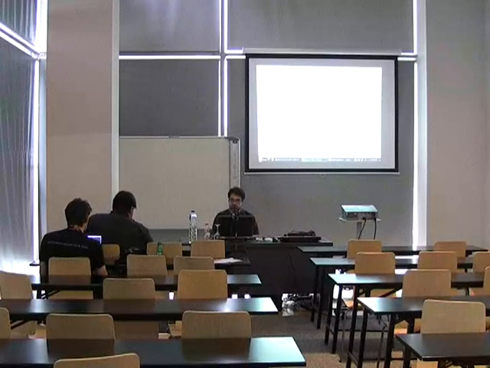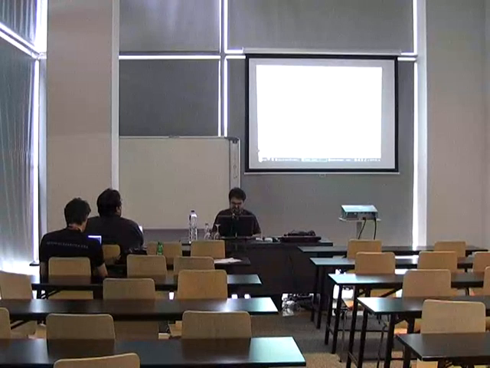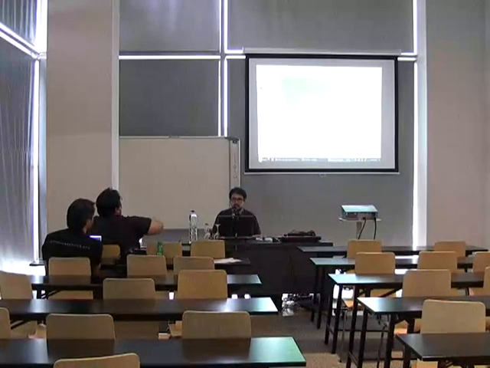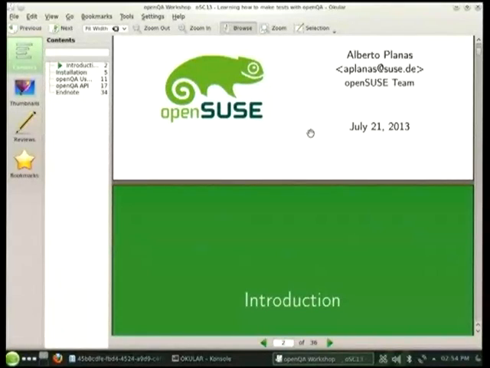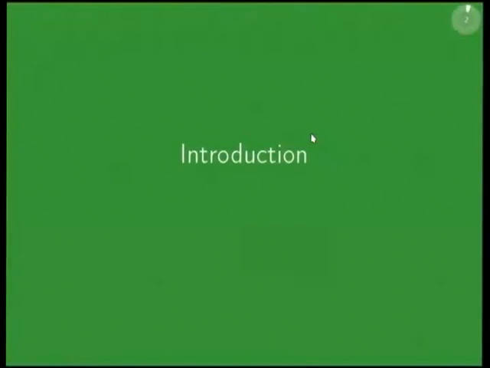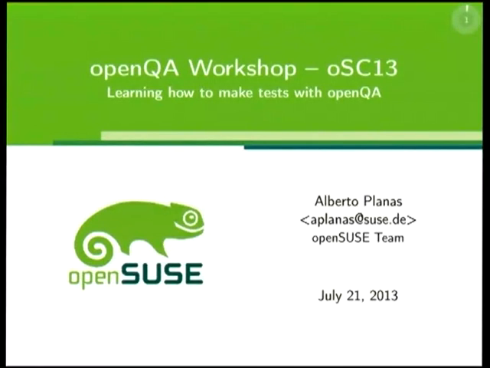Okay, let's start. The initial goal of this presentation was to learn how to make tests. This morning we have the real introduction about what is openQA and the history of openQA by the real developer of openQA.